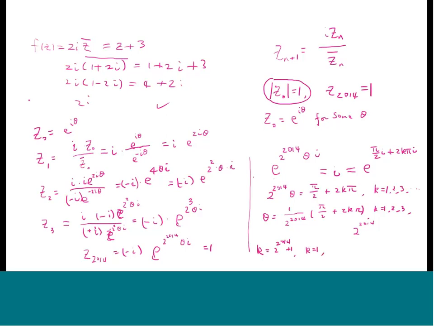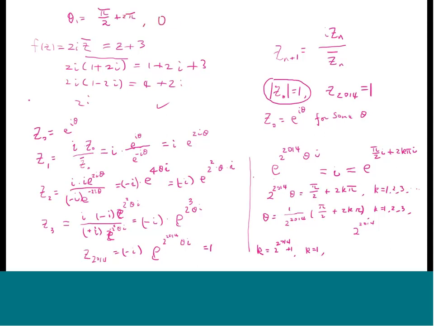You see the difference? Then theta 1, the K equals 1 case, is pi over 2. Actually, starting from 0 is better, but even then, theta plus 2 pi.